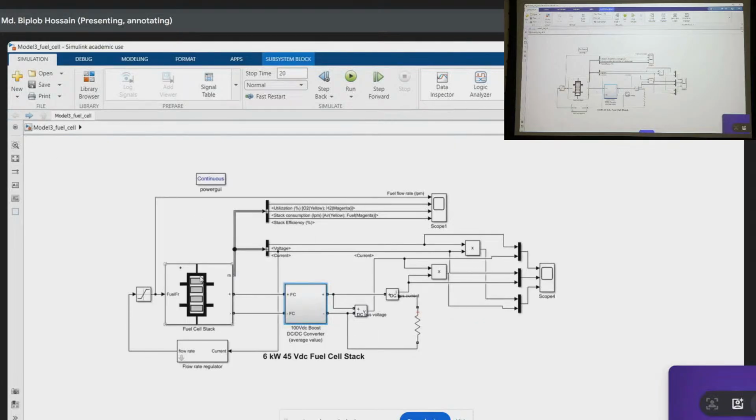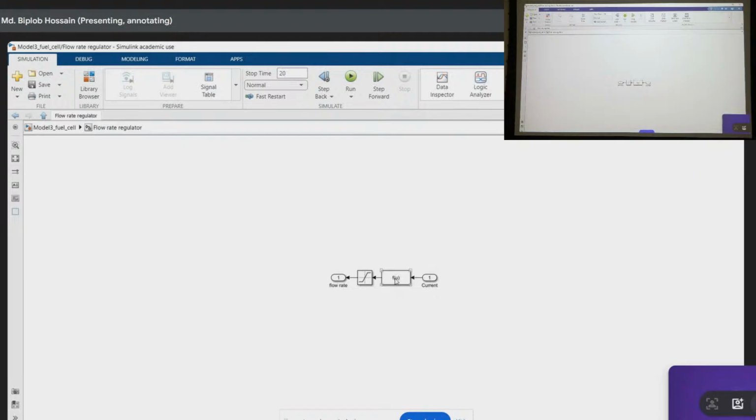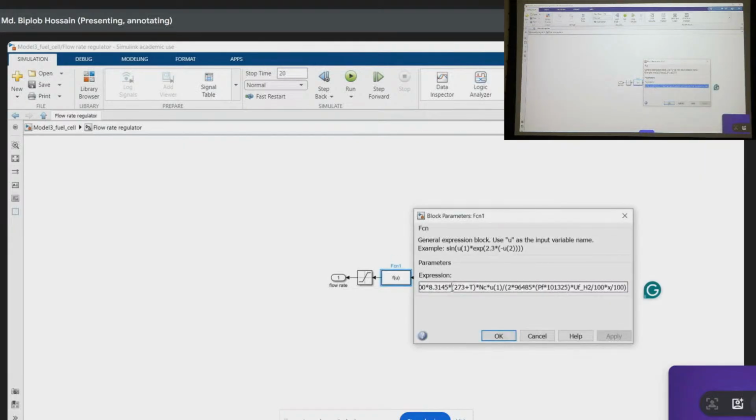And the third one, here we are using the fuel flow rate. For that we are taking input from here. We are taking input current, and if we go inside this block, there is a function block. They are using mathematical calculations.